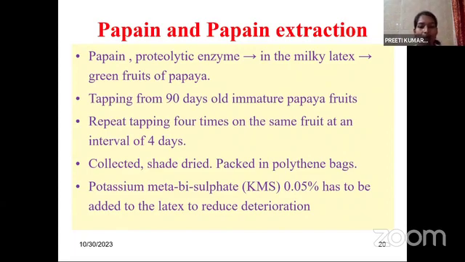Repeat tapping 4 times on the same fruit at an interval of 4 days. The latex is collected, shade dried and packed in polythene bags. Potassium metabisulfite (KMS) 0.05% has to be added to the latex to reduce deterioration. So this way the papain is extracted.